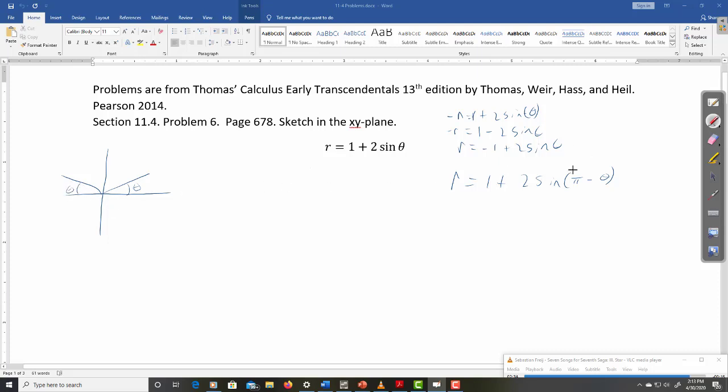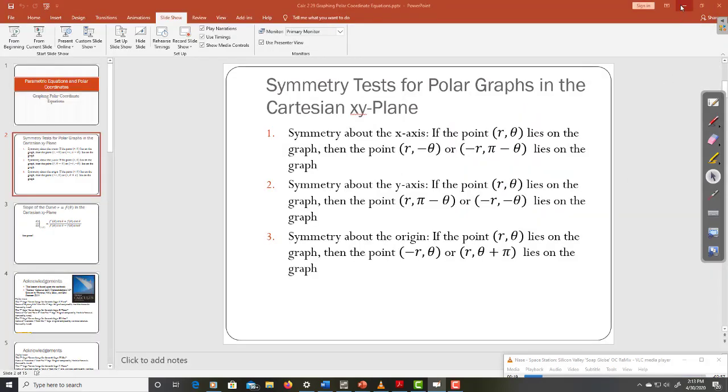And similarly for that. So that's not going to have any effect on the sine, so that's going to be equal to 1 plus 2 sine theta. So yeah, it is symmetric about the y-axis. I have to remember that. It really is an or case. You really do have to check both of them. Alright, let's look at the other ones. Negative r, pi minus theta.